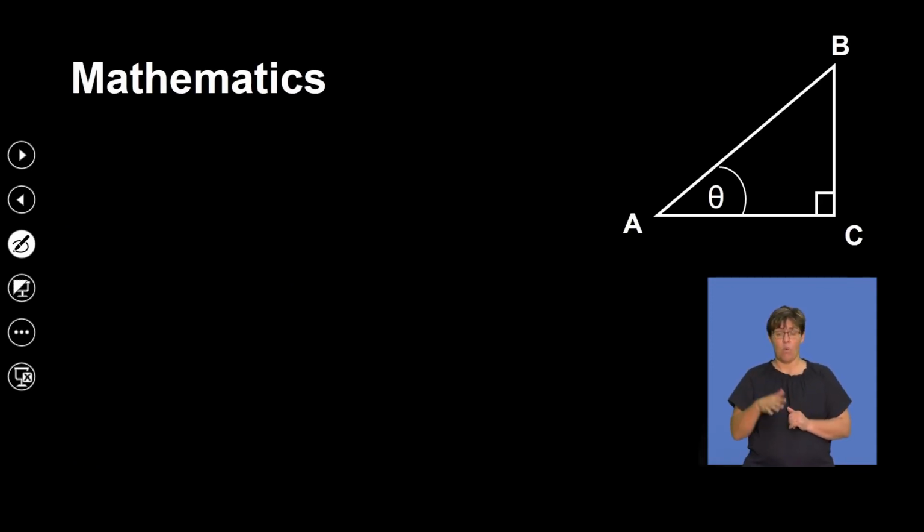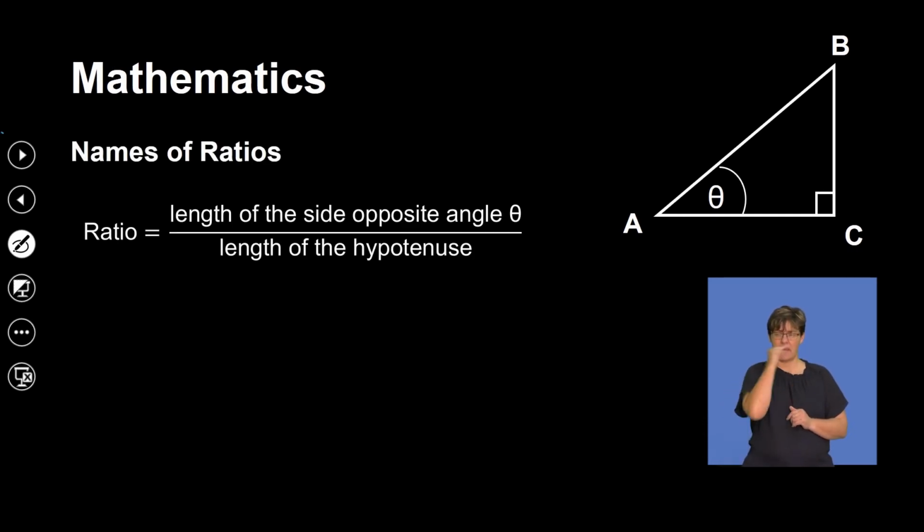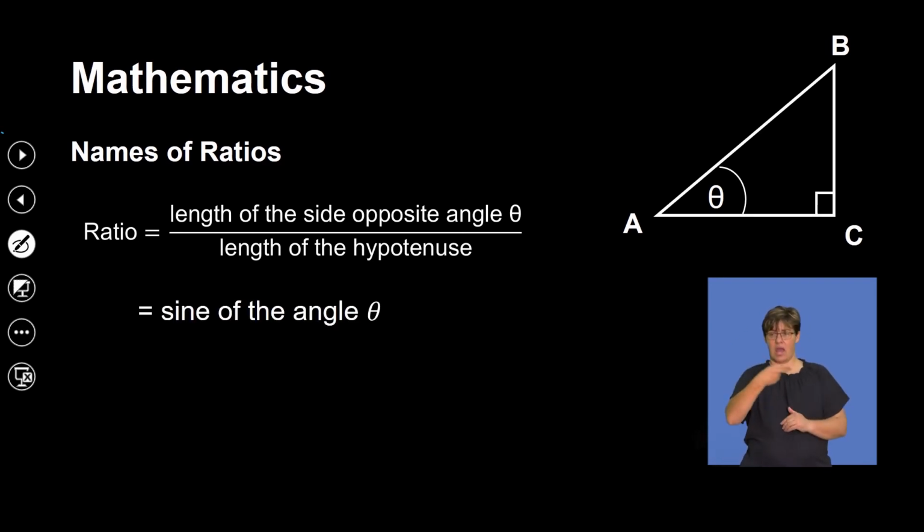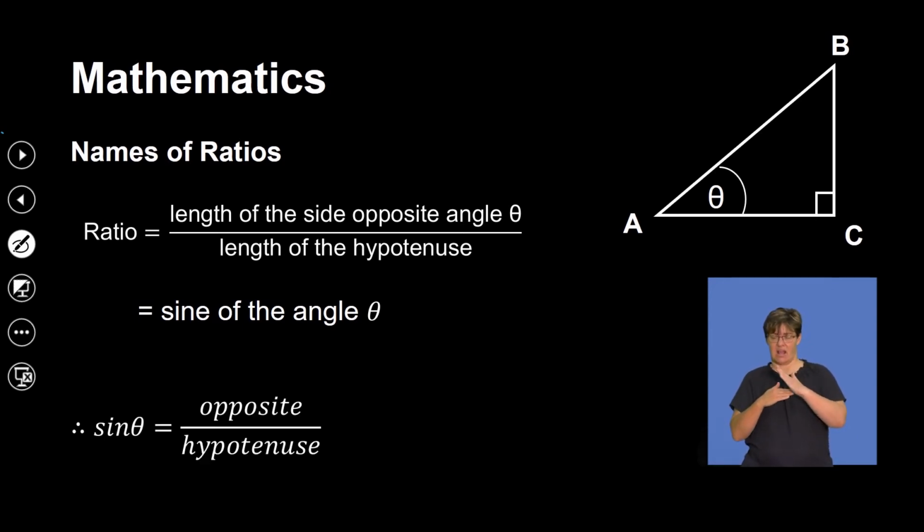Now, if you look at this triangle and I want to name these ratios, remember the definition of a ratio: the length of the side opposite angle theta divided by the length of the hypotenuse. This ratio becomes what we call the sine of the angle theta. In simple terms, sine theta is equal to opposite over hypotenuse.